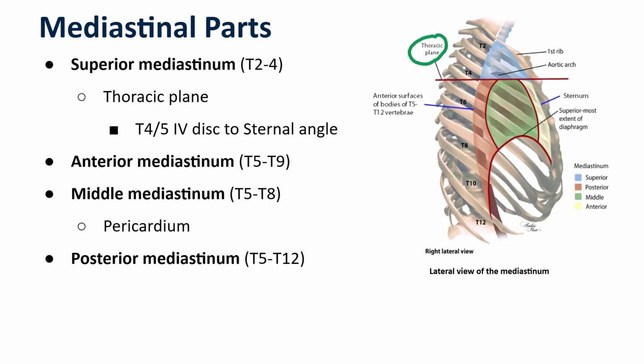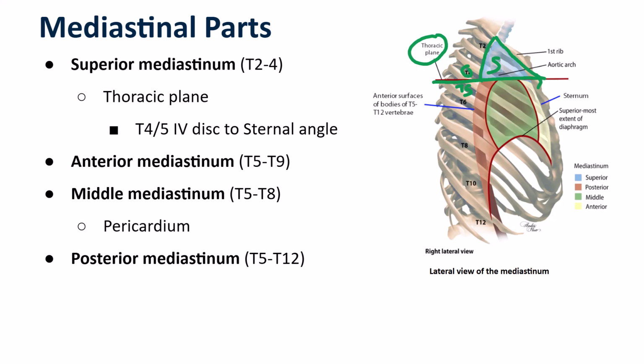The thoracic plane is an imaginary plane that runs from the angle of the sternum, also called the angle of Louis, posteriorly back to the intervertebral disc between T4 and T5. So above this thoracic plane and below the first ribs, we have the superior mediastinum. So anything below that you would presume is the inferior mediastinum, but nobody calls it that.